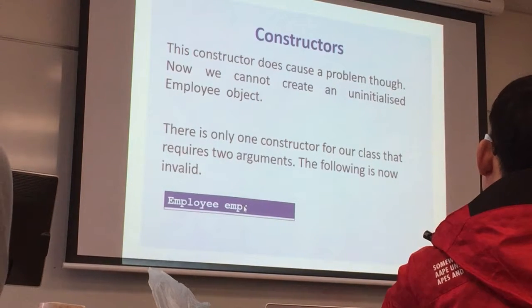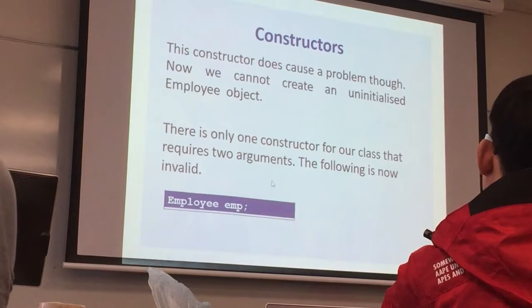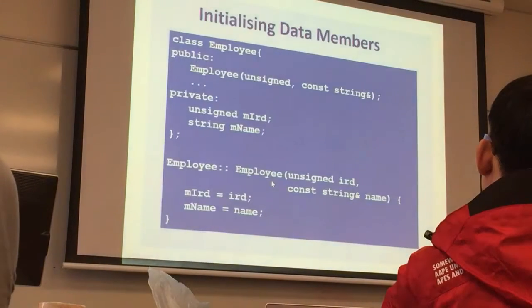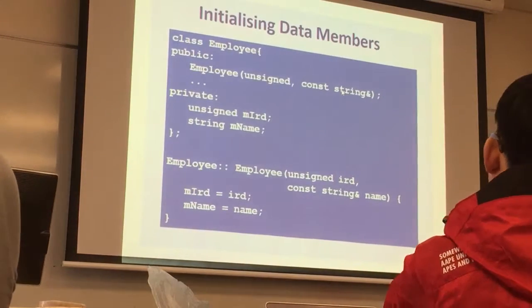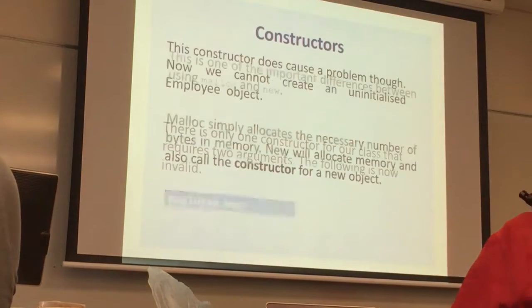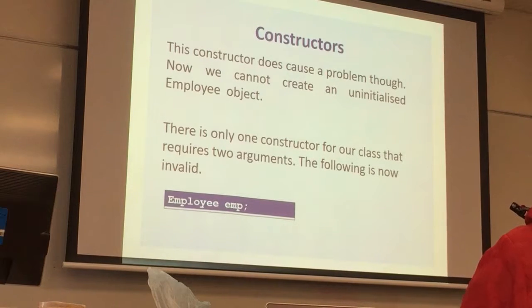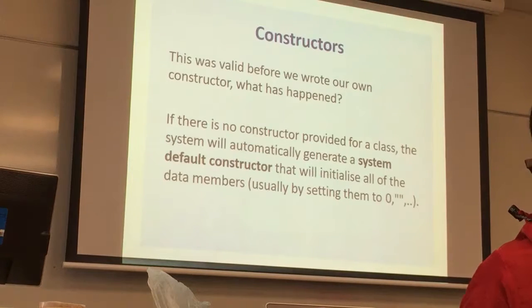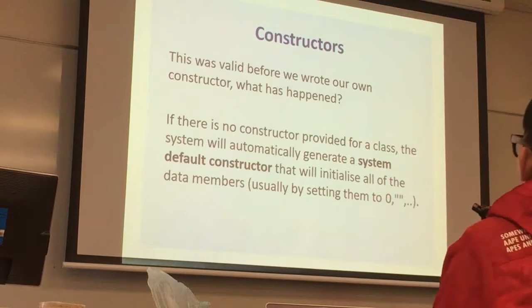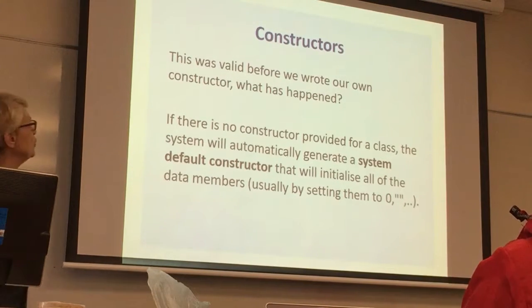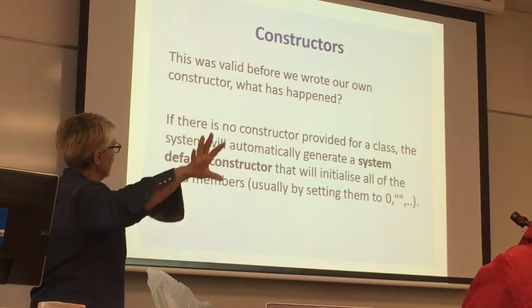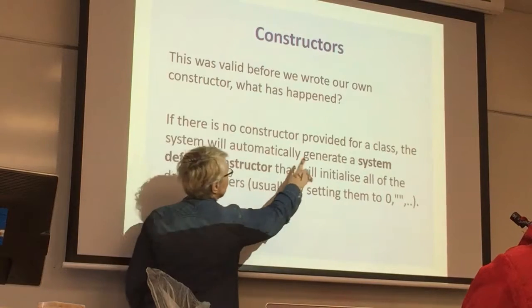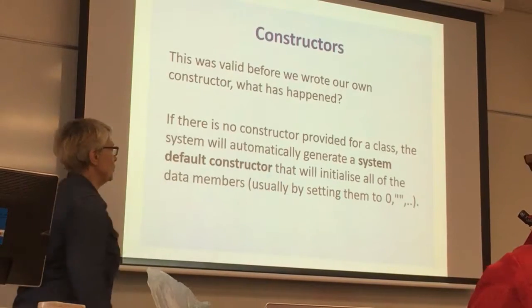Here, notice, nothing is passed. But our class, employee, requires 2 arguments for the constructor. So this variable cannot be designed, right? So this is a problem. This was valid before, but as soon as we put a constructor in our class, the system does not automatically generate the system default constructor.